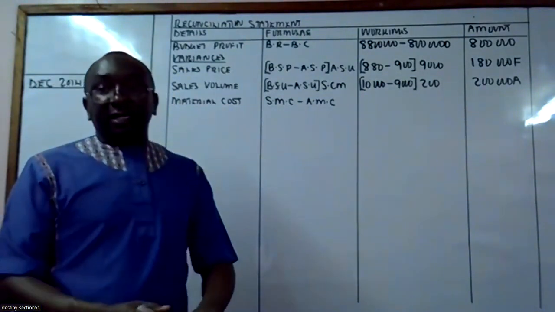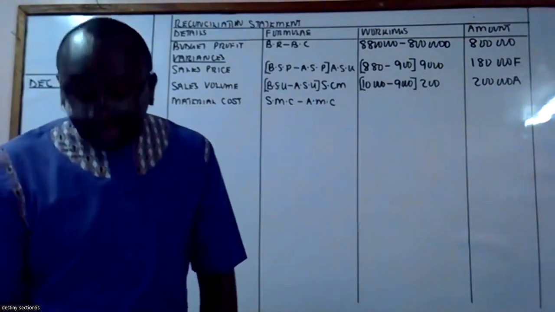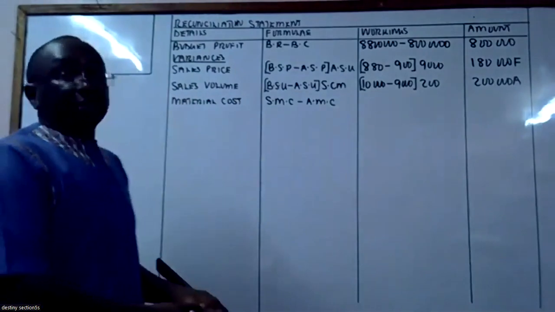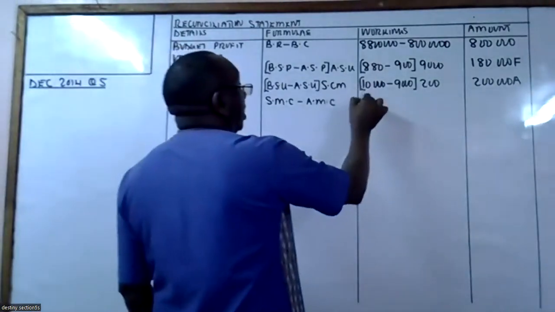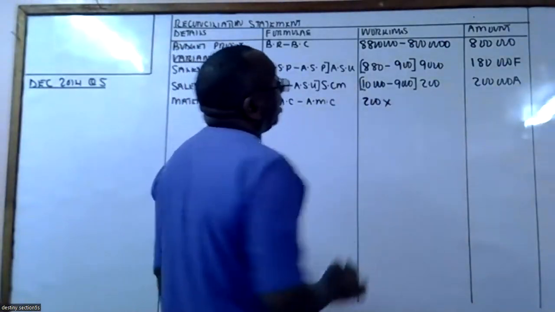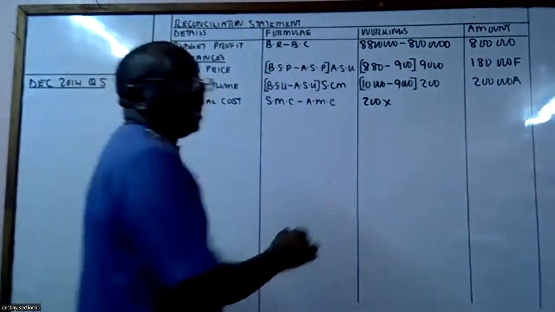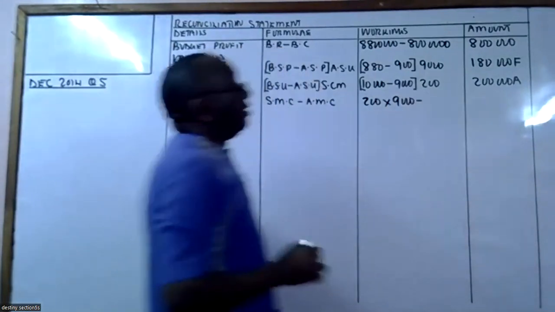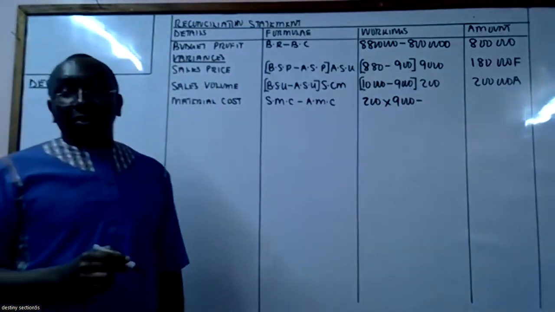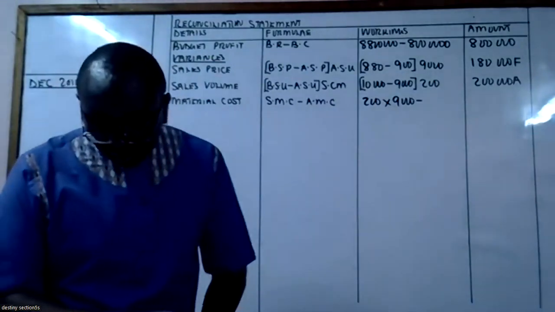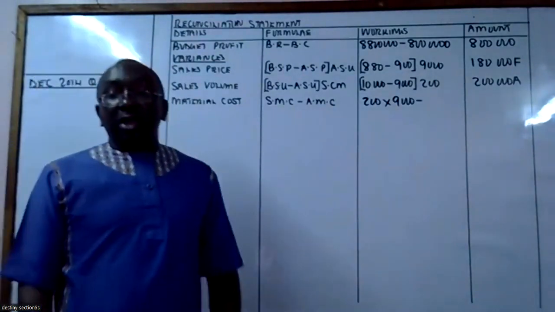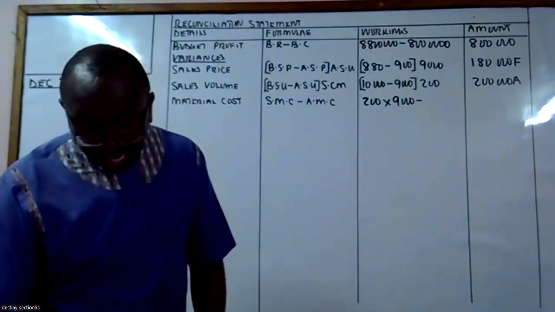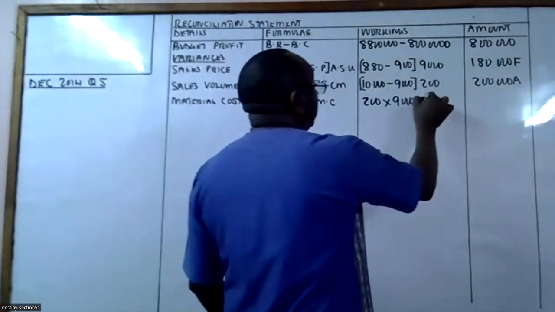When you look at the standard up there, you can see material A was supposed to cost us 200 shillings. So you multiply by the 9,000 units that were produced. And then you go down there where you can see the actual material cost for A as 2,090,000.